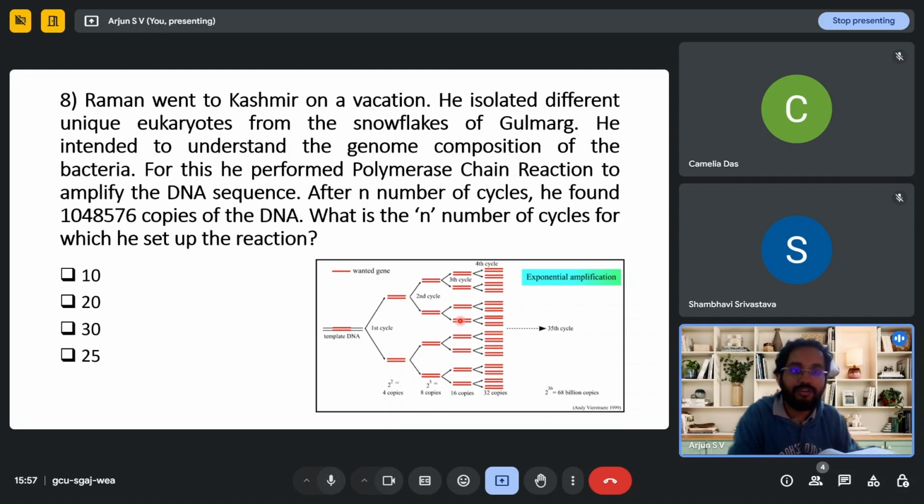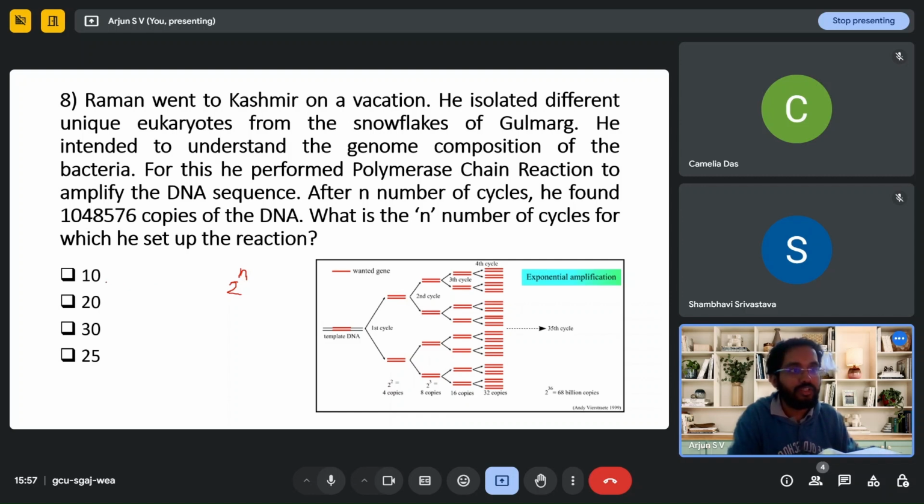So the formula for getting the desired number of copies is 2 power n. After n number of cycles, you will get 2 power n copies of the desired DNA. That is the general concept.